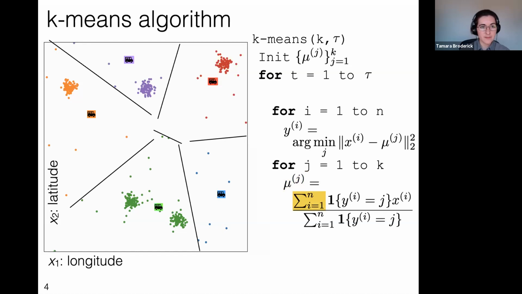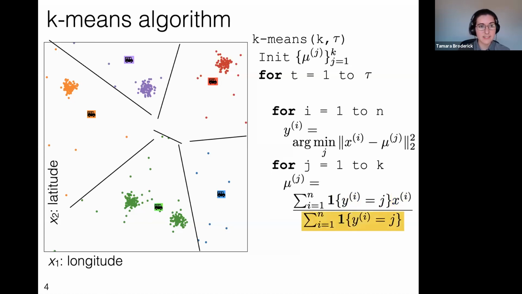What am I going to do here? I'm going to sum over every person, but I'm only going to count the people who are assigned to this food truck. Another way you could think of this sum is that it's just a sum over people who are assigned to the food truck, because we're zeroing out everything else. And for everybody who is assigned to this food truck, we're summing up their x value, their location.